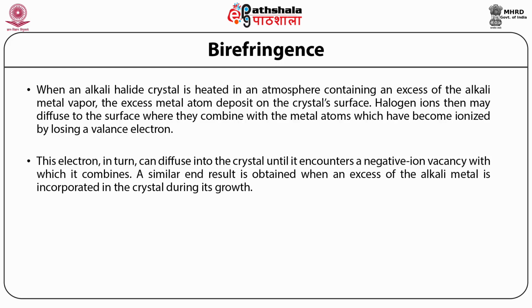This electron in turn can diffuse into the crystal until it encounters a negative ion vacancy with which it combines. A similar end result is obtained when an excess of the alkali metal is incorporated in the crystal during its growth.